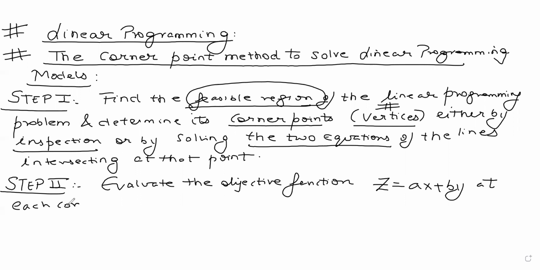All students can recall from the previous lecture that z equal to ax plus by was my linear objective function. In step one, I found all the corner points by plotting the feasible region. In step two, I am going to put all those corner points in my objective function.